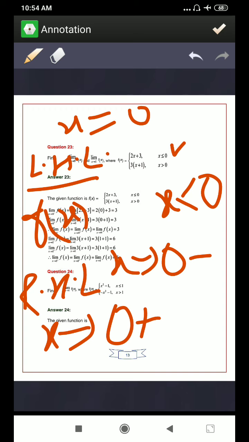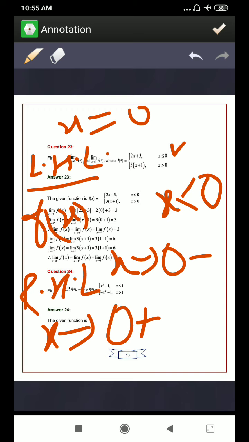So while calculating the left hand limit at x equal to 0, we take the function defined for x less than 0, and for the right hand limit we take the function defined for x greater than 0.